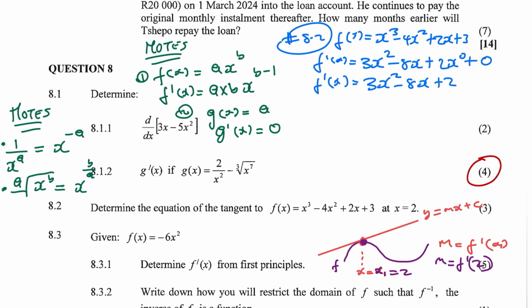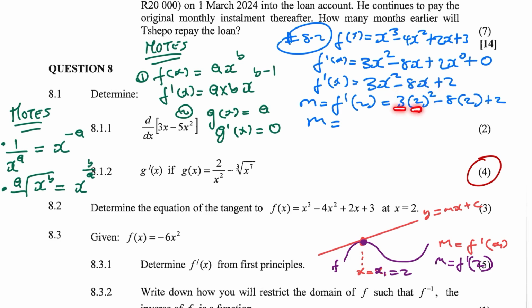Now, what you need to find is the gradient of this turning point. The gradient of this tangent happens when x is equal to 2, right? So meaning when x, you put 2. Okay, so the gradient is there. So you can just punch this in your calculator, or you can just do it by head like me.